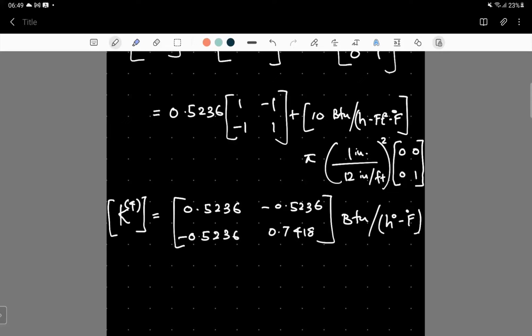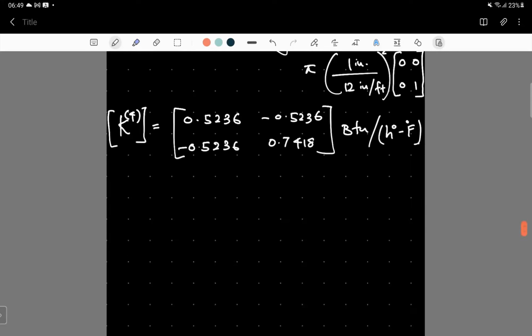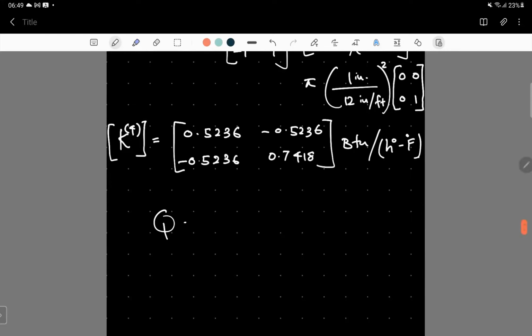However, it is clear that in this particular example, there is no heat source. That is, capital Q is equal to 0. Because there is no heat source, there is no heat flux induced by boundary conditions either, and there is no convection except for the right hand side. So there is no convection term.